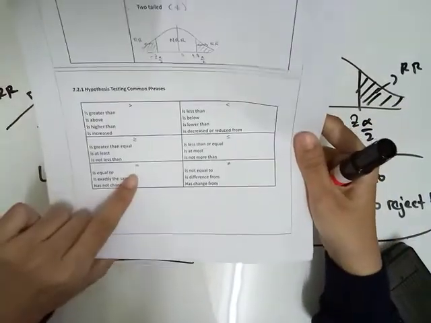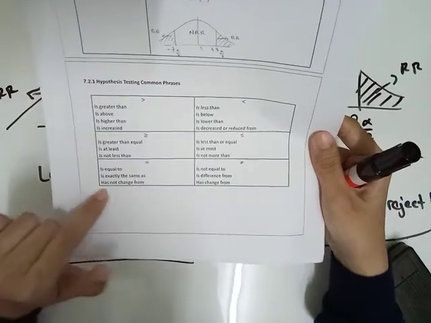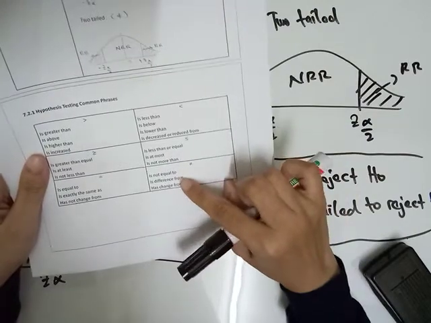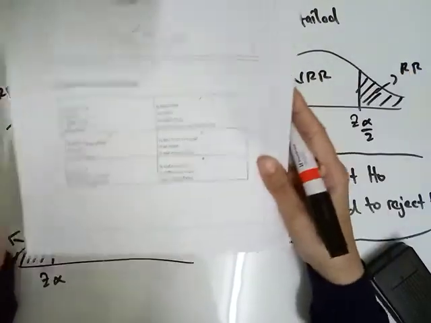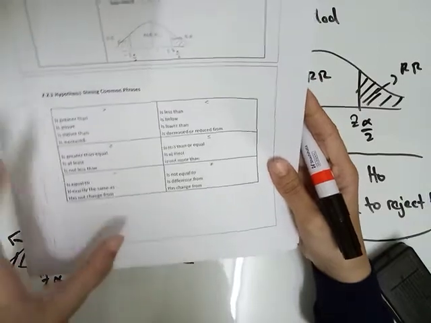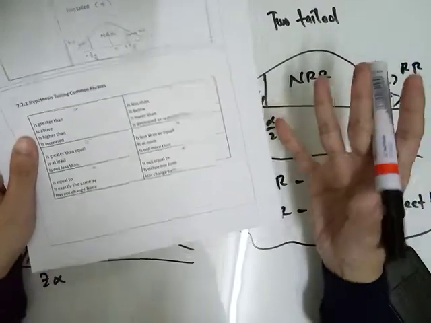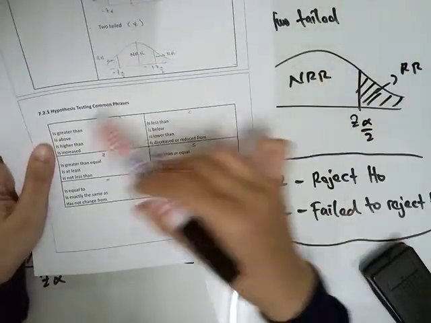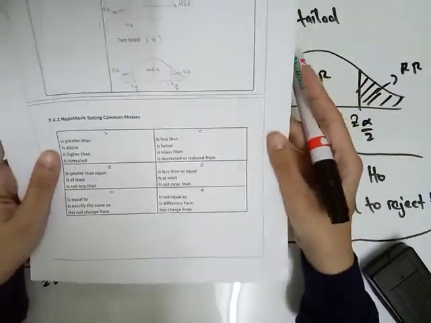Kalau equal, it is equal to, has not changed, it is exactly the same. Not equal is not equal to, it is different from, has changed. So awak kena tengoklah, bacalah, macam mana nak detect, daripada statements tu kita nak guna sign apa, whether it is less than or more than or equal or not equal.